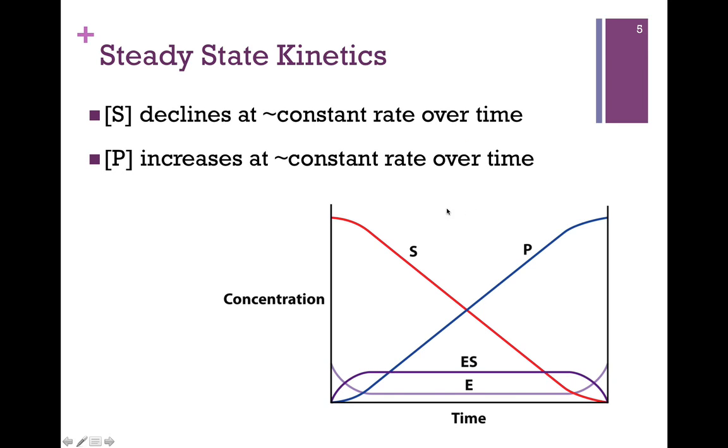First, as we saw in our last lesson, substrate concentration is going to decrease over time and product concentration is going to increase. And that's going to occur at a fairly constant rate over time, and the decrease of one matches the increase of the other. And again, that's because we have one substrate and one product.